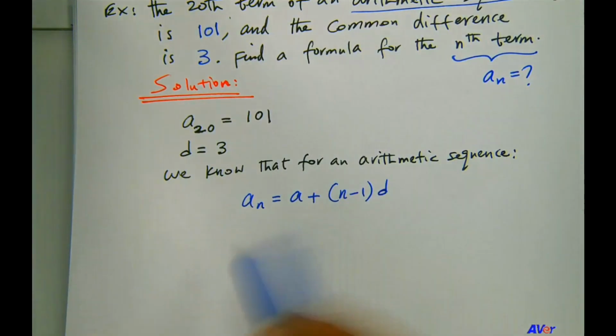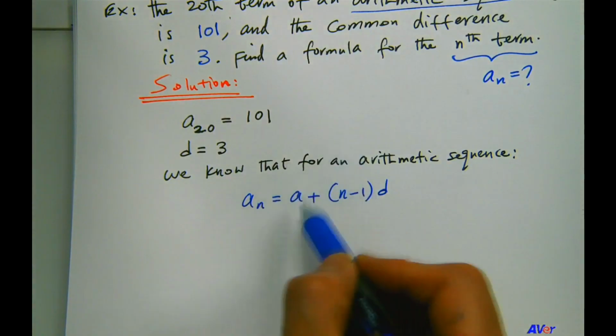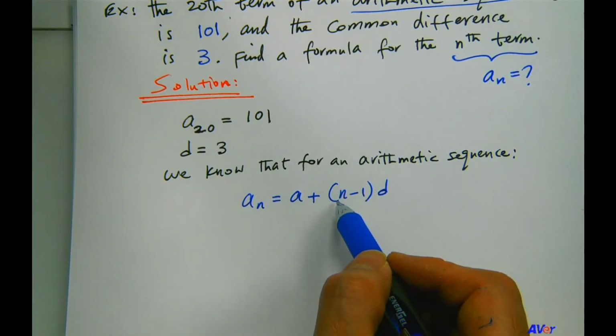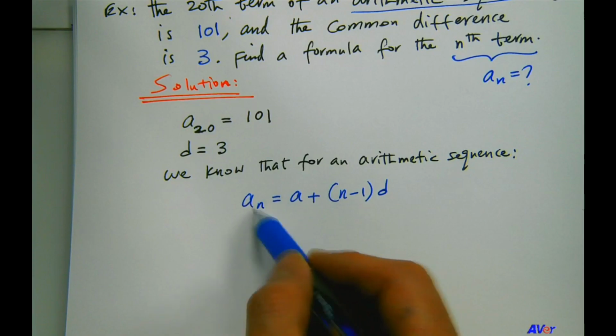So what do we need here? We need the first number in the sequence, and we need the common difference.